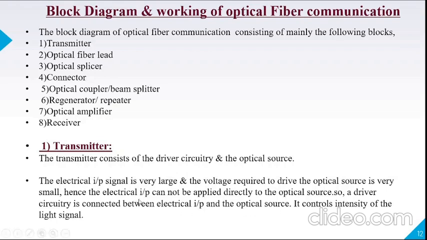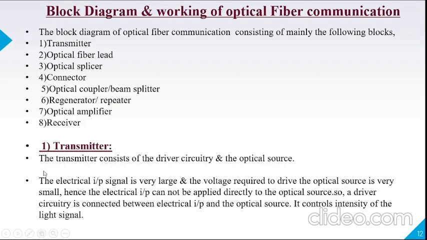Hence we cannot apply electrical input signal directly to the optical source. Therefore, driver circuitry is connected between the electrical input and optical source. The driver circuit controls the intensity of the input signal.